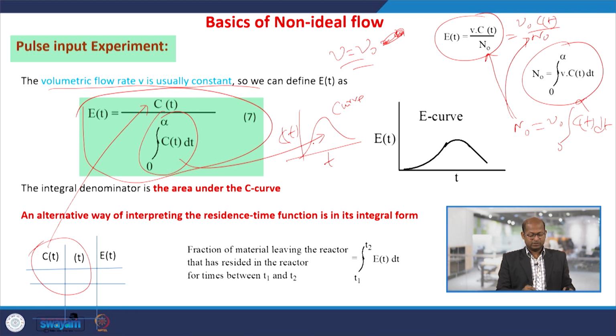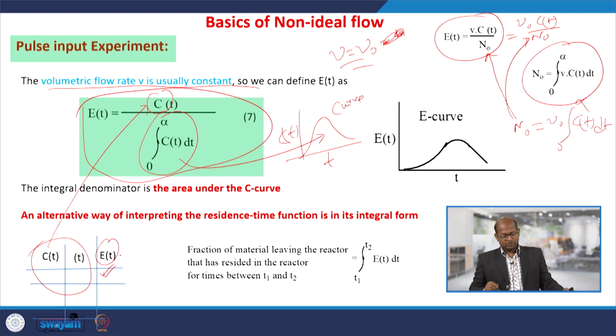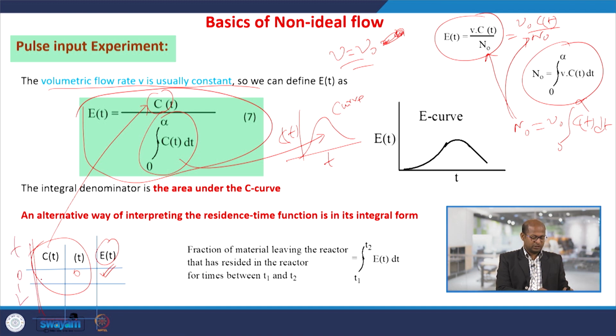Then we divide C(t) by this, and we get E(t). This way, for individual times, t equals 0, 1, 2, 3, we get the concentration from the experiment, and the corresponding E(t) value we can also find out. Once we know E(t) and t, if we plot them, then we get the E curve.